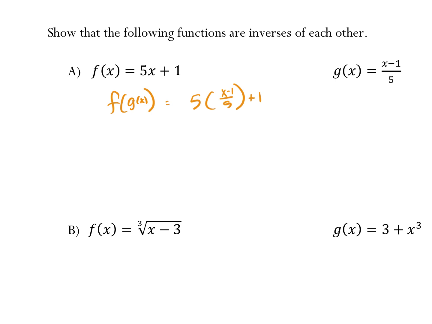That's lovely. That's what we want. Okay. So is that what works out here? The 5s would cancel, yeah. Now I have x minus 1 plus 1 is x, so check. They are, in fact, inverses of each other.